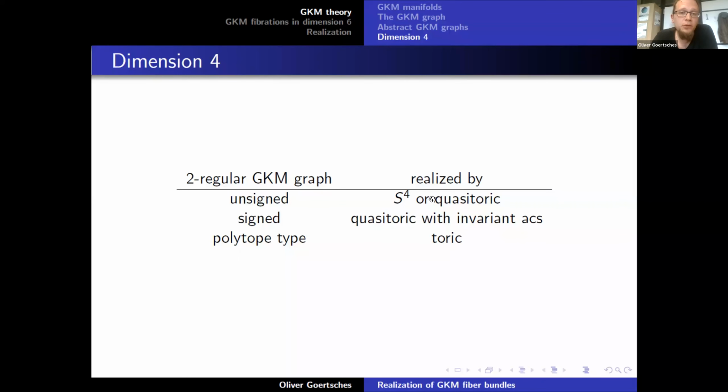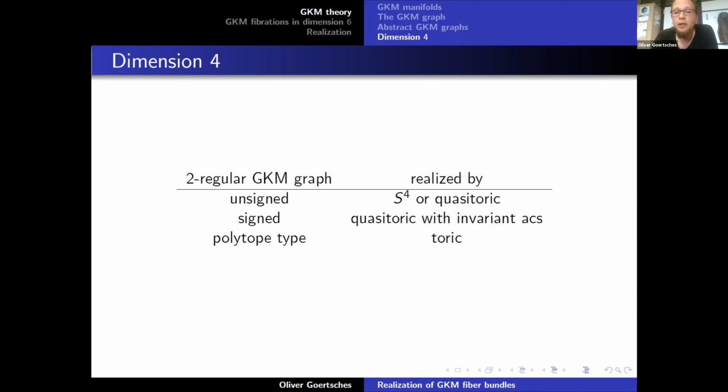And if you have an n-gon for n bigger or equal to 3, then they are always realized by a quasitoric manifold. So how can you see this? You just take this n-gon, and then of course you can abstractly take this n-gon as the boundary of something homeomorphic to a two-dimensional polytope.